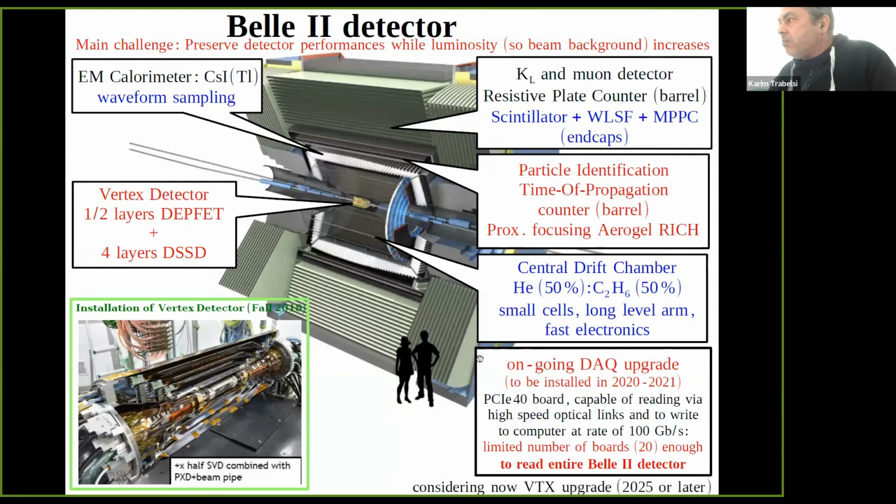And other efforts were made, in fact, to minimize the material. I showed a combination of particle identification detectors for Belle. Here, in the case of Belle II, we try to have as little material as possible in front of the electromagnetic calorimeter. So it has two effects.